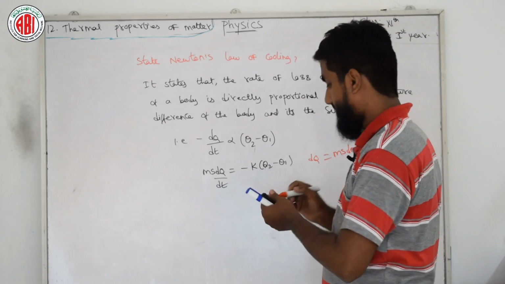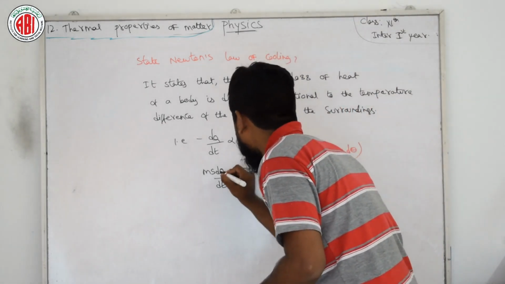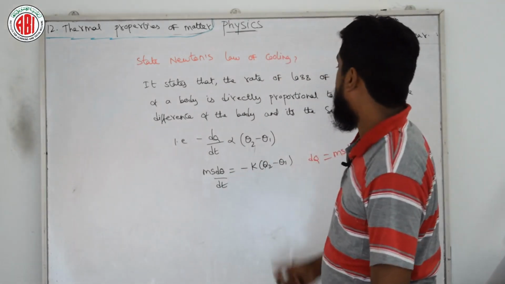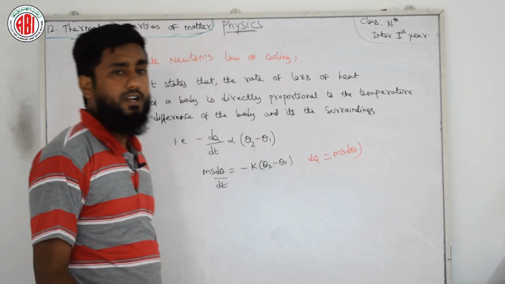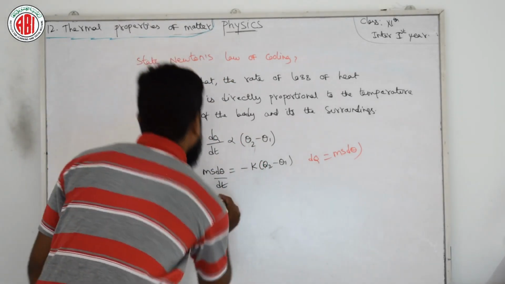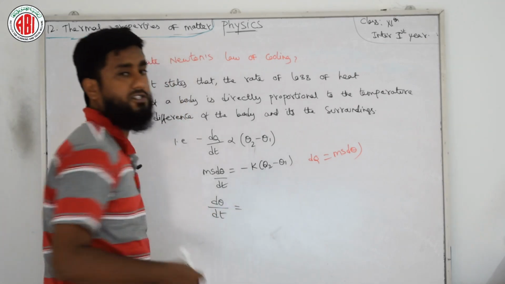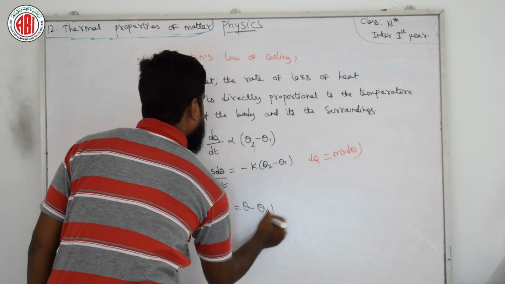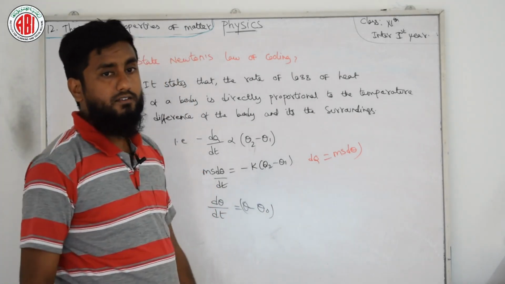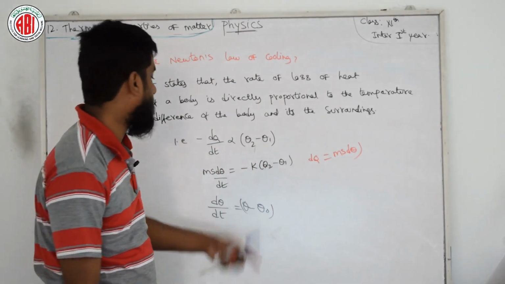So here I have to write d theta, not dQ. Here k is the proportionality constant, and finally we can say d theta by dt is equal to minus k times theta minus theta 0. This is the answer, where theta is the temperature of the body and theta 0 is the temperature of the surroundings.